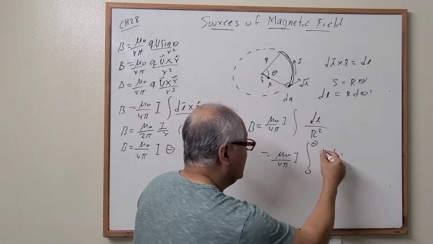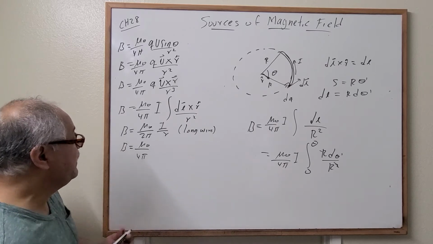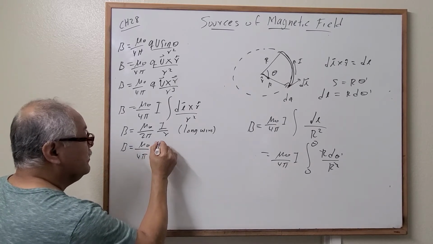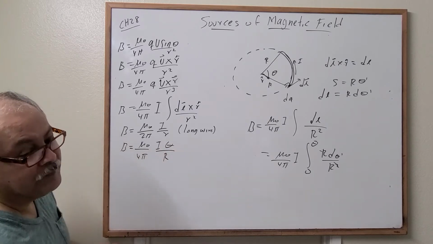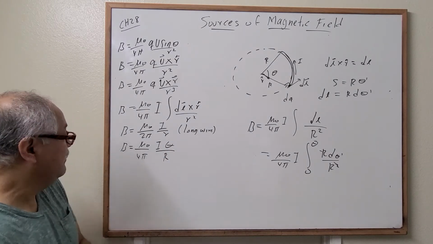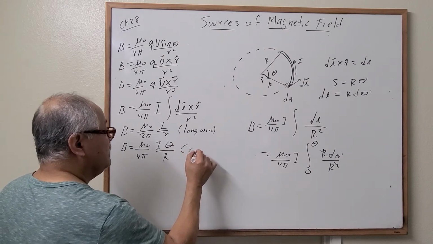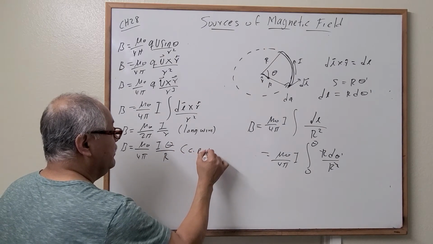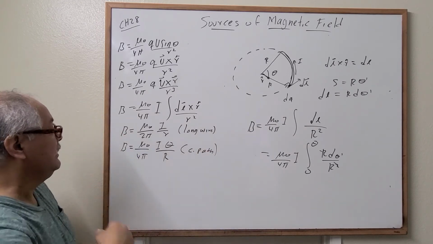This r is cancelled with this. So we have current times theta divided by r. So this is going to be for a circular path, a segment. Great.